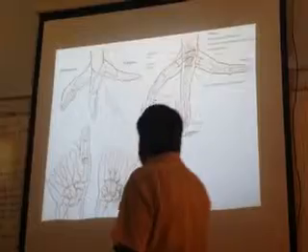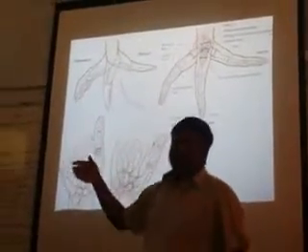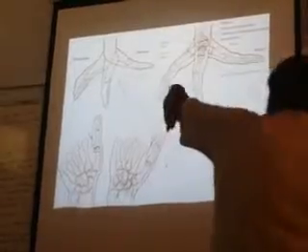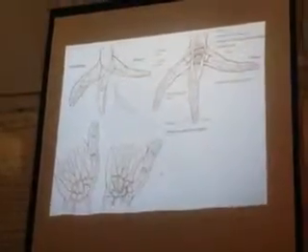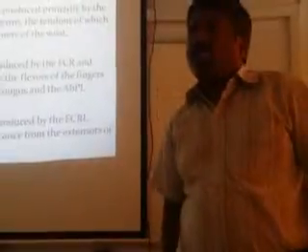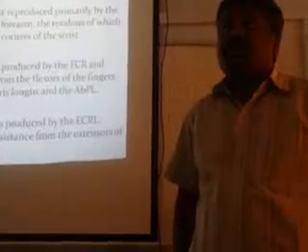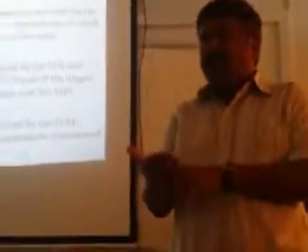So these are the movements: radial deviation and ulnar deviation, and then flexion and extension, along with the wrist joint and mid-carpal joint. Now muscles. What is the function of the mid-carpal joint?